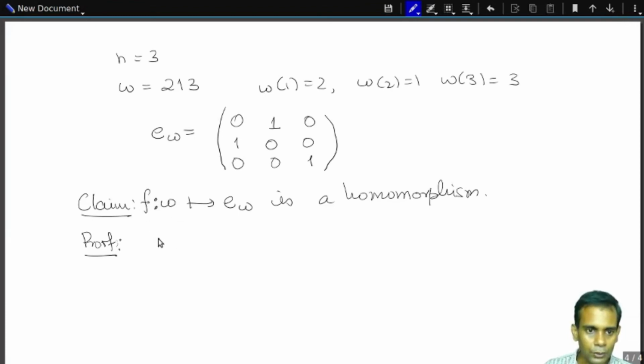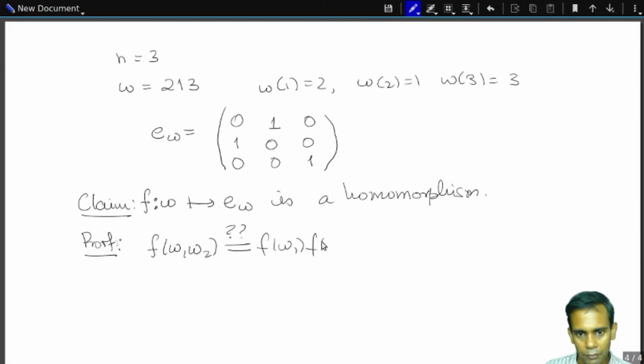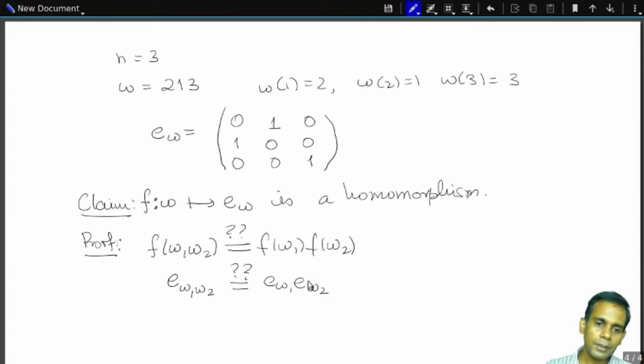So we need to show that f of w1 w2 is f of w1 times f of w2. Or in other words, is E_(w1 w2) equal to E_w1 multiplied by E_w2? Now E_w1 multiplied by E_w2 is an n by n matrix. And E_(w1 w2) is also an n by n matrix. We want to know if these n by n matrices are equal.